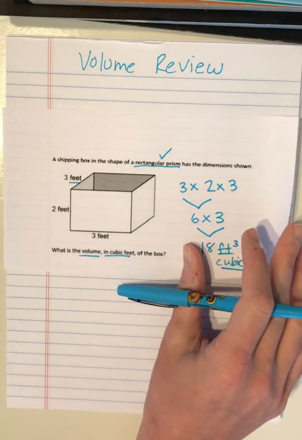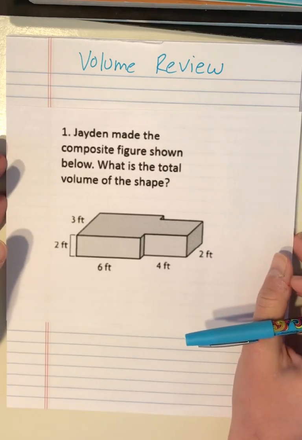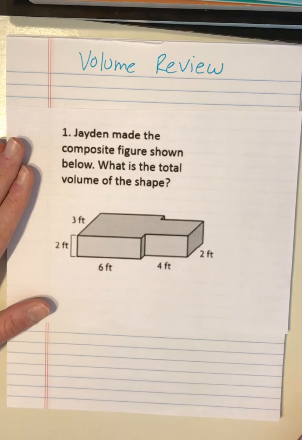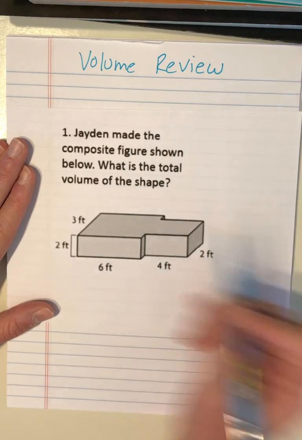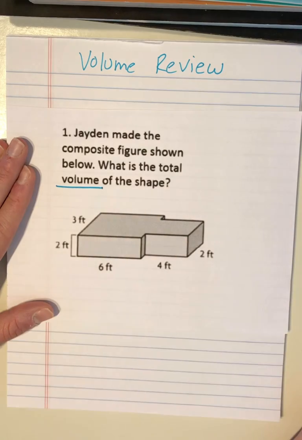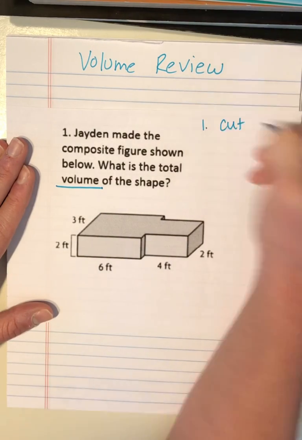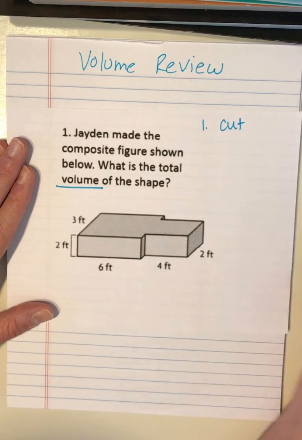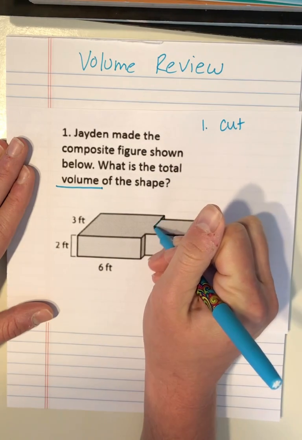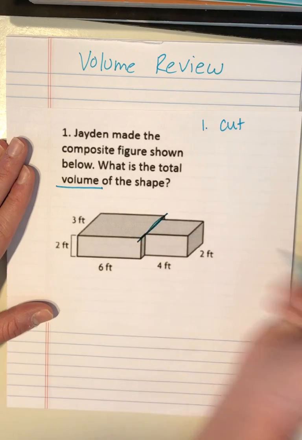We're also going to look at this, which we spent Tuesday and Wednesday going over. It says Jaden made the composite figures shown below. What is the total volume of the shape? So if you don't remember the 3 steps, we need to cut it so that it's 2 rectangular prisms. So I'm going to cut it right here.